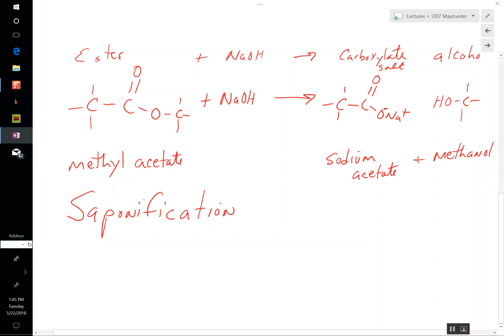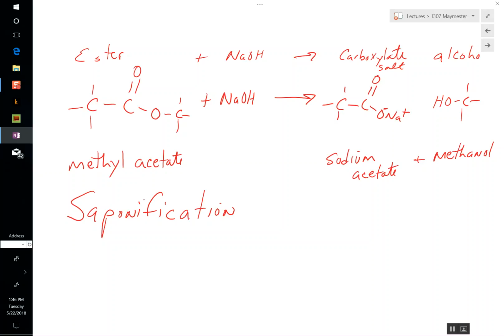Because we're not hydrolyzing it, we're reacting with a base. And we're forming a salt and an alcohol. So there we got the same thing, isopropyl benzoate. Okay, let's just change this right here.